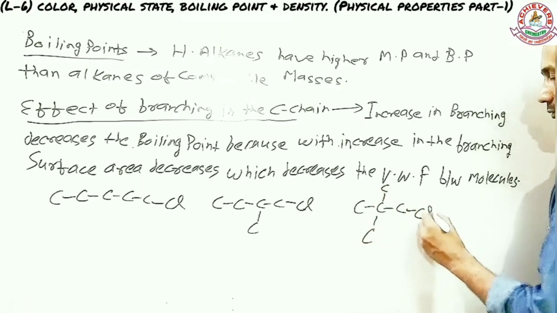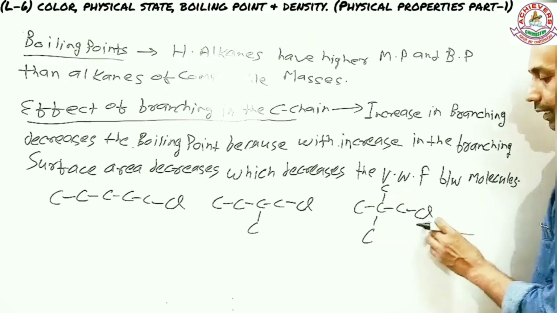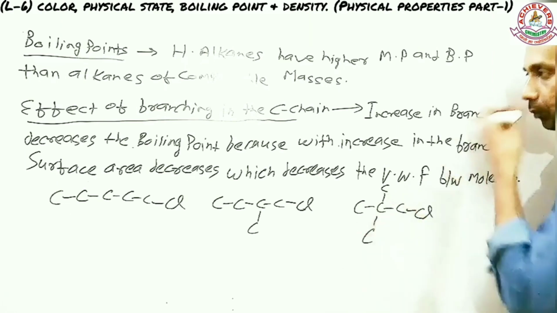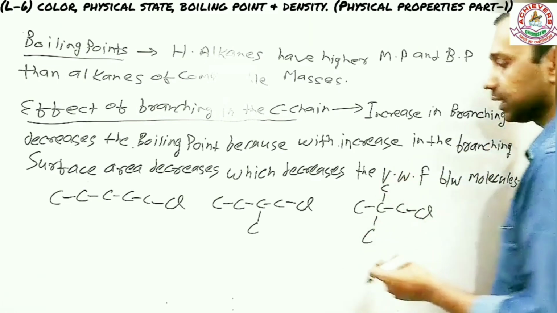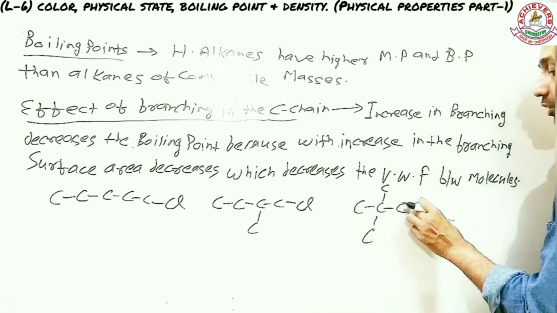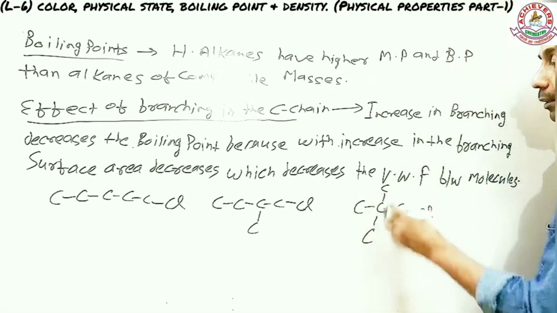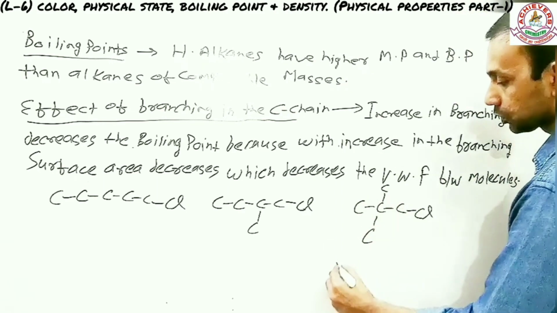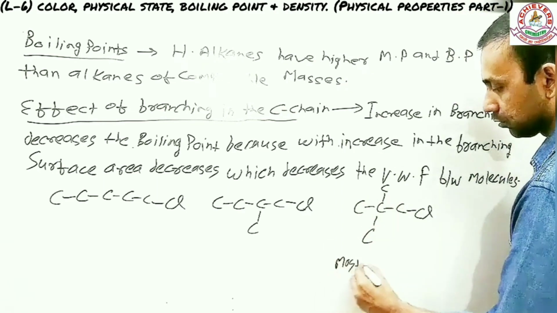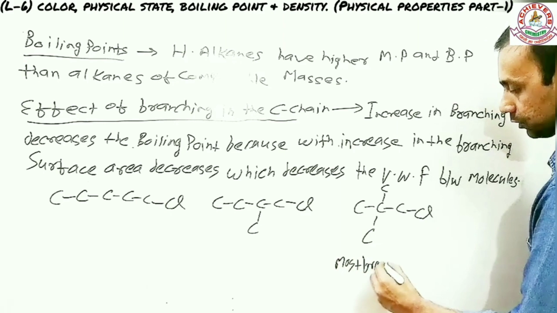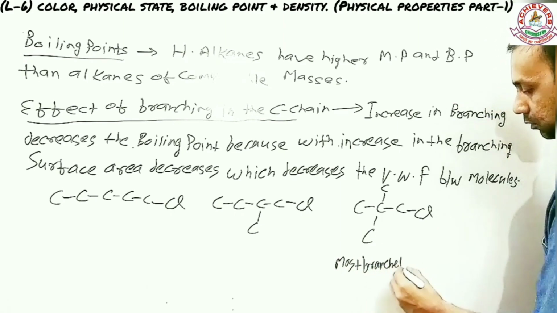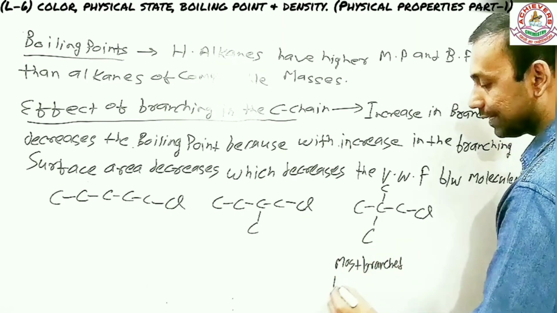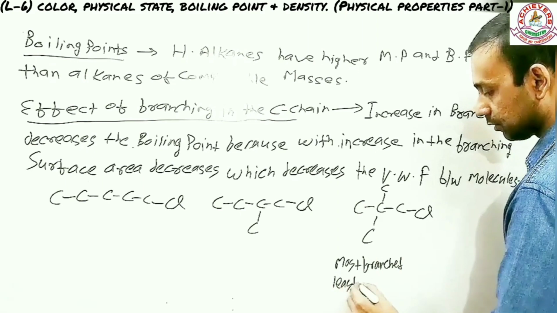This is 2,2-dimethyl chloropropane. IUPAC name will be something else. I hope you have understood that. But what is the purpose of the topic here is that right here the branching is most branched. If it is most branched, least surface area.